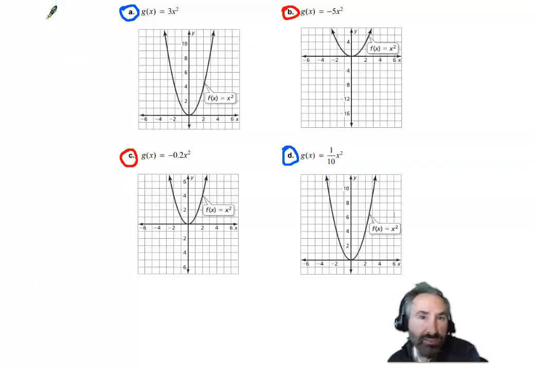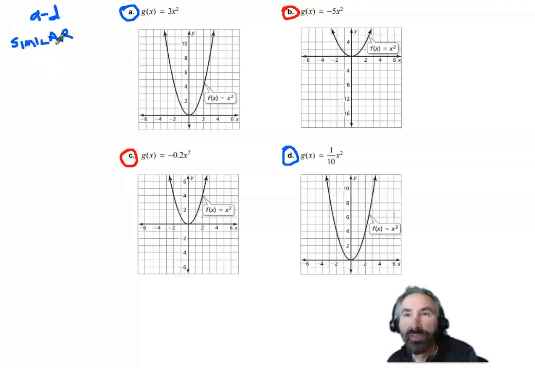So let's make it real easy for you. In your student journal, you'll have something like A and D, and then you'll put what is similar and what is different. And this is in addition to actually graphing y equals 3x squared, y equals negative 5x squared, etc. So you're going to explain what's similar about A and D and what is different.